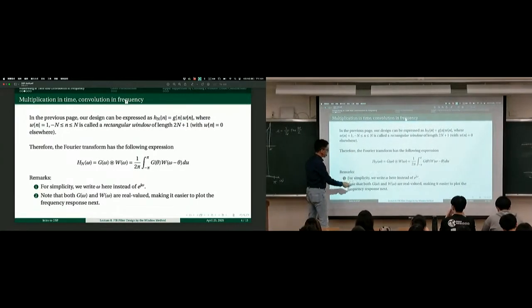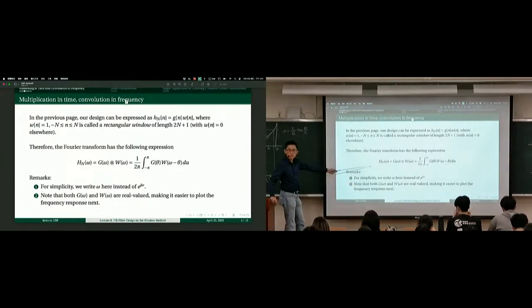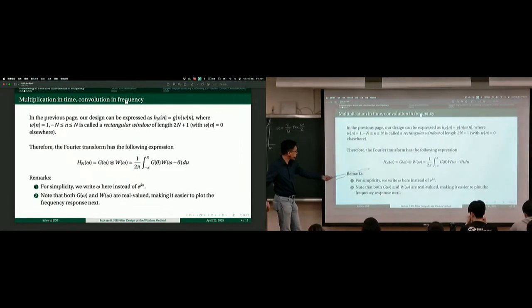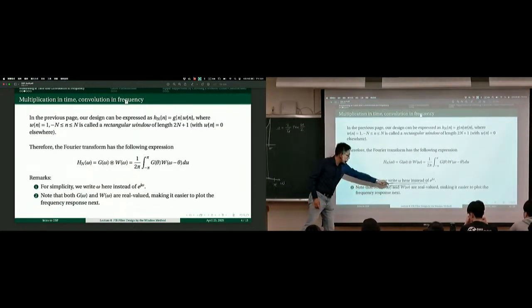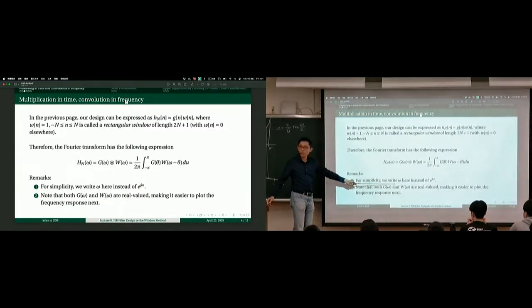And here are a few remarks about our notation. First of all, instead of e to the j omega, we simply write omega to emphasize that this is a function of small omega. You can imagine that this simplifies our notation quite a lot. That's my first remark.